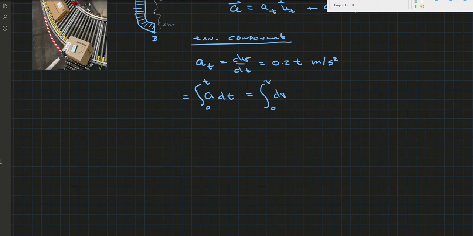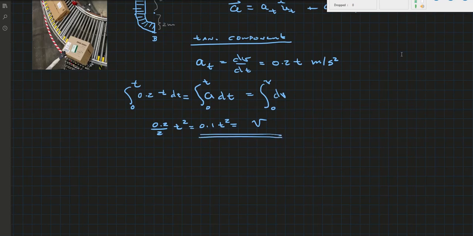So this is going to be the integral from 0 to t of, let's stick in our equation, 0.2t dt. So we end up with 0.2 over 2 t squared equals v minus 0, or v. So this is 0.1t squared. Let's go ahead and underline that.